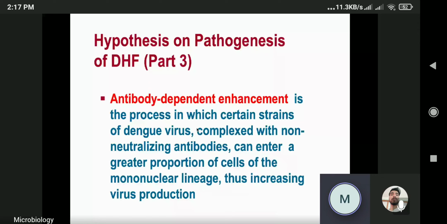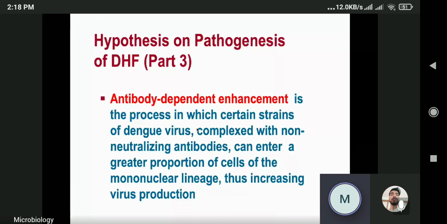But here, if these antibodies are heterotypic, formed against another serotype, then they cannot protect. Instead, they bind with this new viral strain and enhance its rapid multiplication. If more virus is produced, then what happens? More tissue damage will be there, isn't it? That's why the patient progresses to a more severe condition.